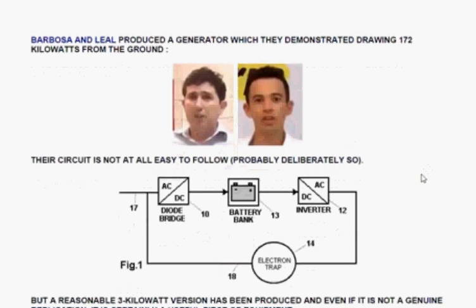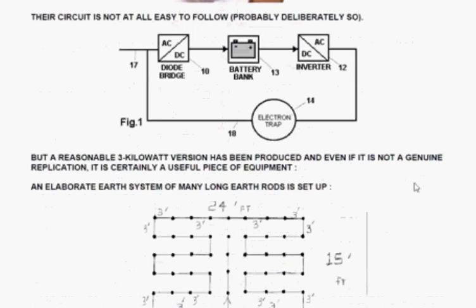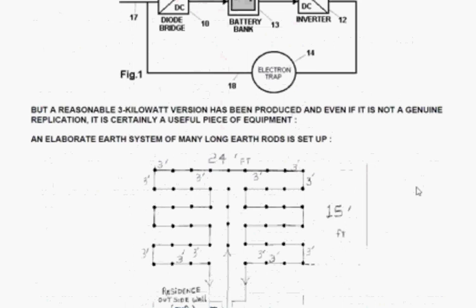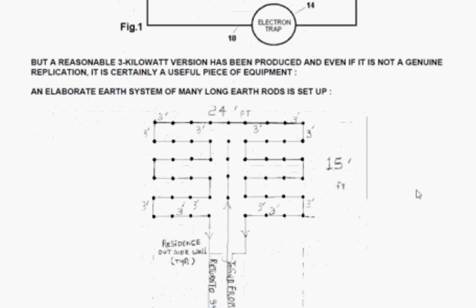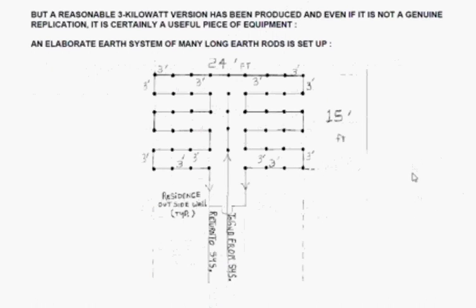But they borrowed a meter from the local power company so that they could demonstrate how big the current flow was. And of course, the powers that be promptly said, "Oh, you stole this meter from the local power company. You're thieves." They weren't actually thieves. They borrowed it and they had everything in order. But they have been quiet for a long time. I imagine that they have been intimidated into silence. But the system has been replicated.